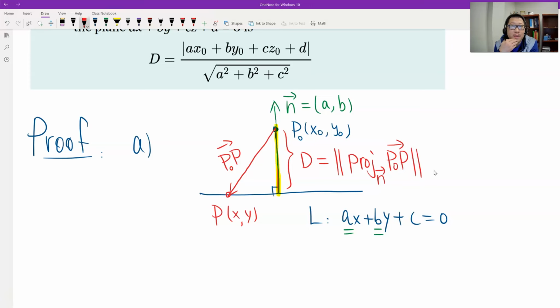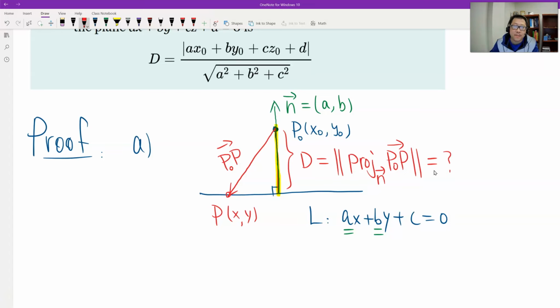The norm is the distance. Is that true? Yes. And in the previous theorem, we proved the formula for the projection. Therefore, if we find the projection, and then find the norm of the projection, which is the distance. This is the basic idea.